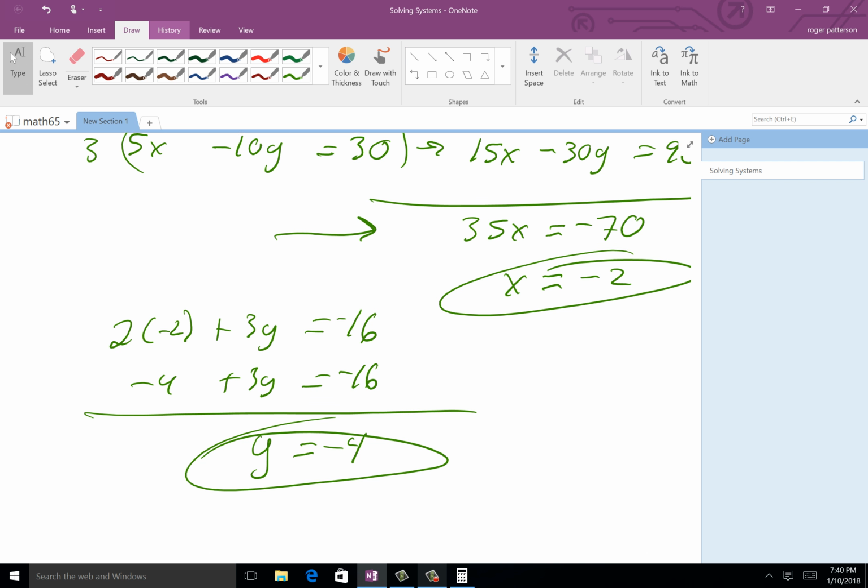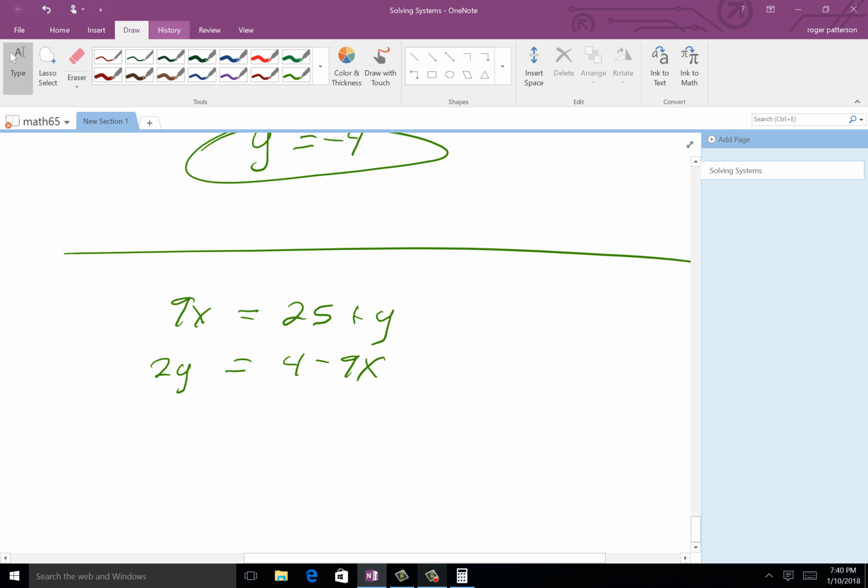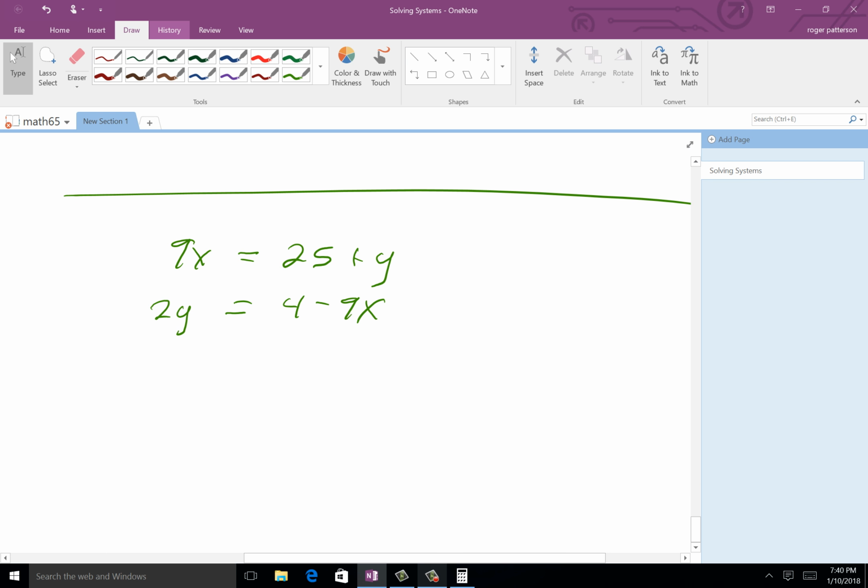Getting them? Okay, good. Next one is 22. Okay, here we go. So what do you want to do on this one? We've got to do elimination, because that's what it asked us to do. We have to rewrite them, because it doesn't line up.